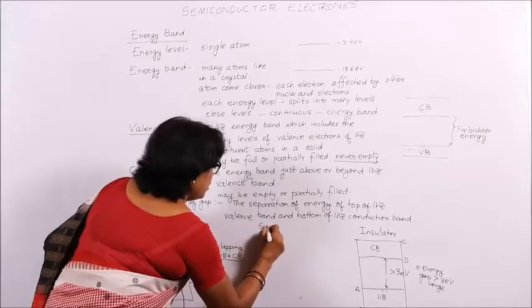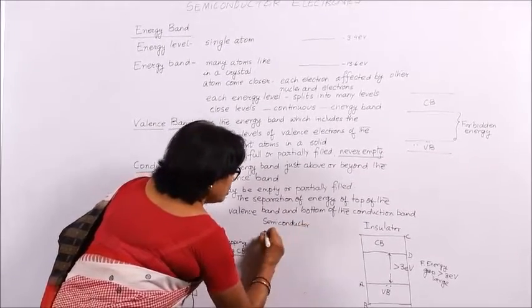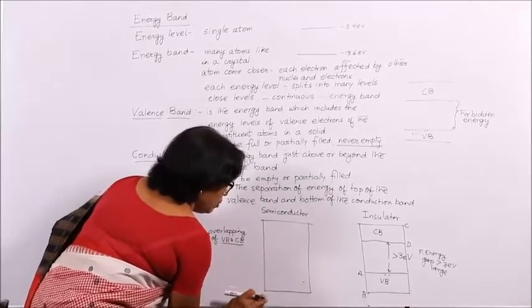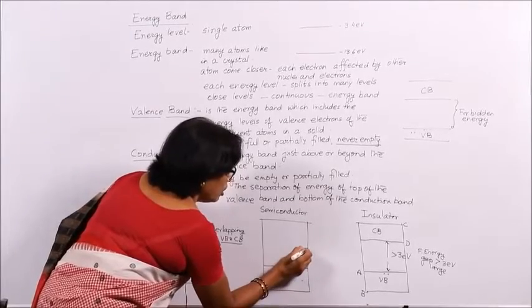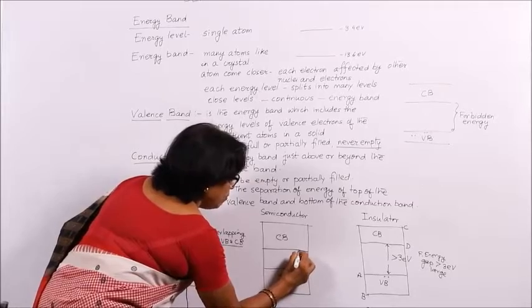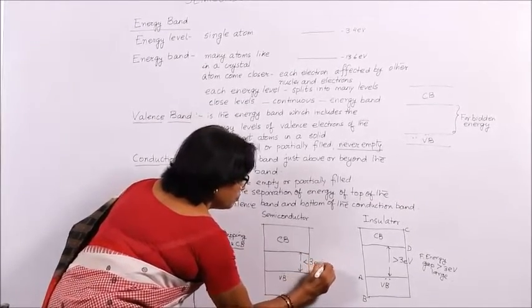If I take the semiconductor, on the other hand, and draw the energy band diagram, the valence band here, the conduction band here, this gap is now less. It is less than 3 electron volt.